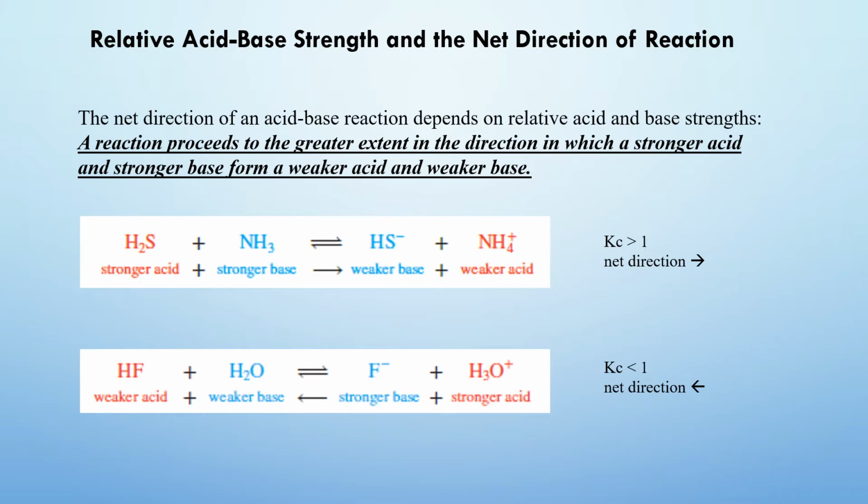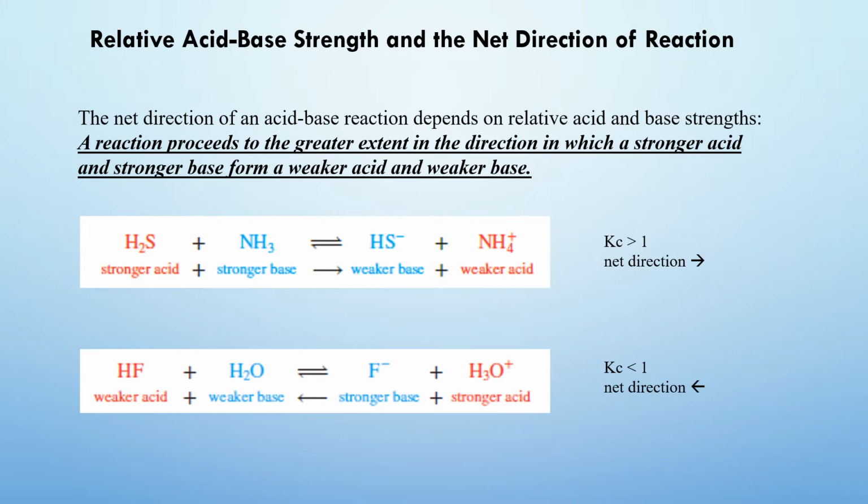To determine the net direction of the reaction, we need to figure out which acid and which base is stronger than the other acid and base. The rule of thumb is that a reaction will proceed to a greater extent in the direction in which a stronger acid and stronger base form a weaker acid and weaker base.